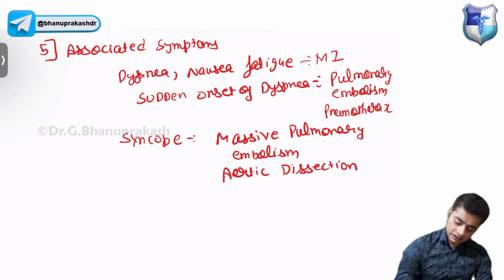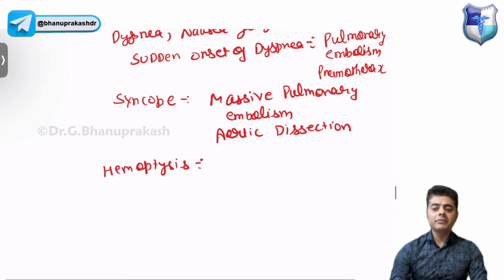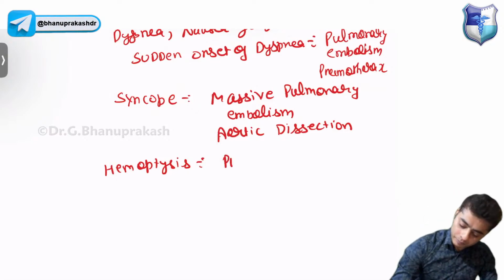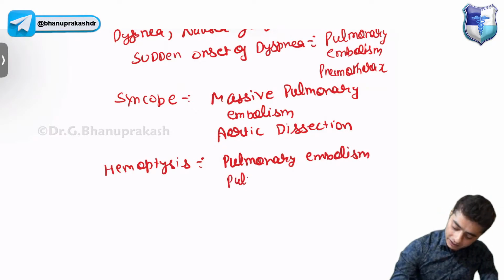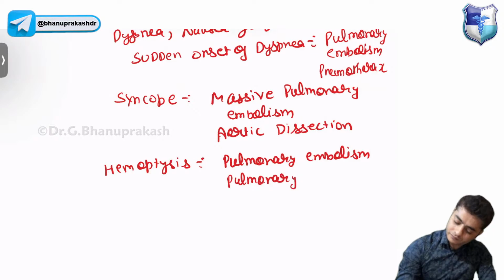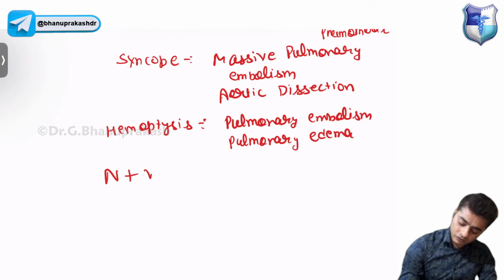Okay. Other is hemoptysis. In what conditions can you get hemoptysis? You can get it in pulmonary embolism. Another is in your pulmonary edema.